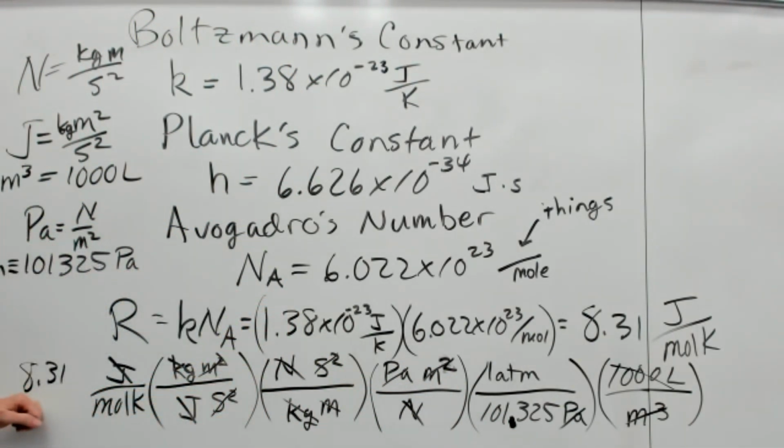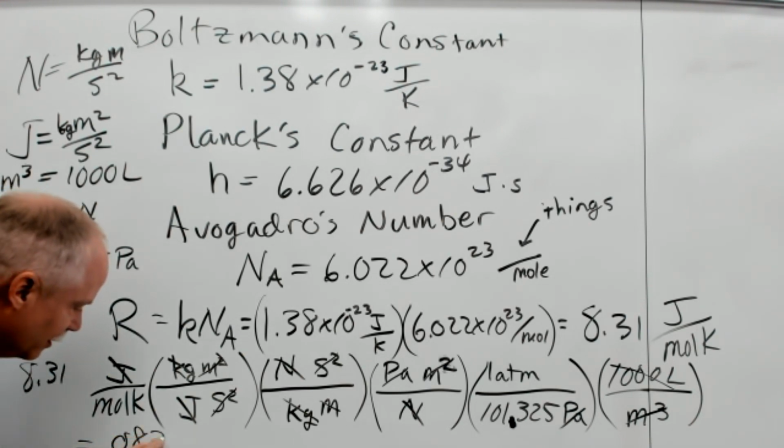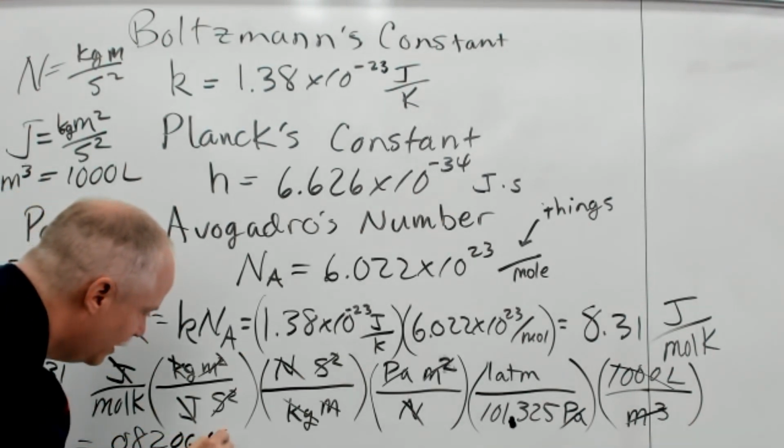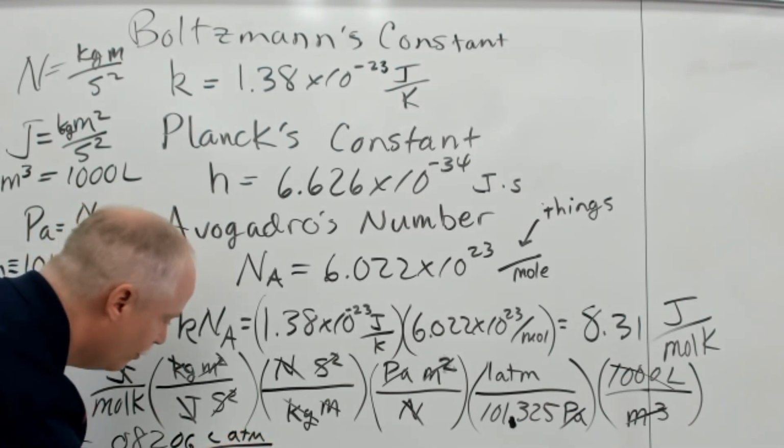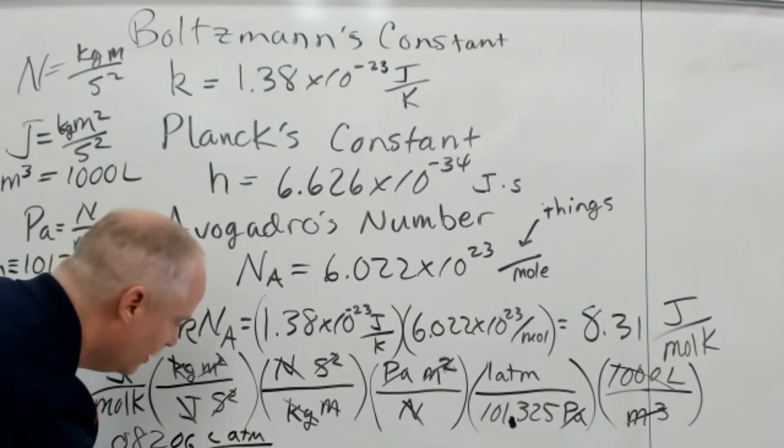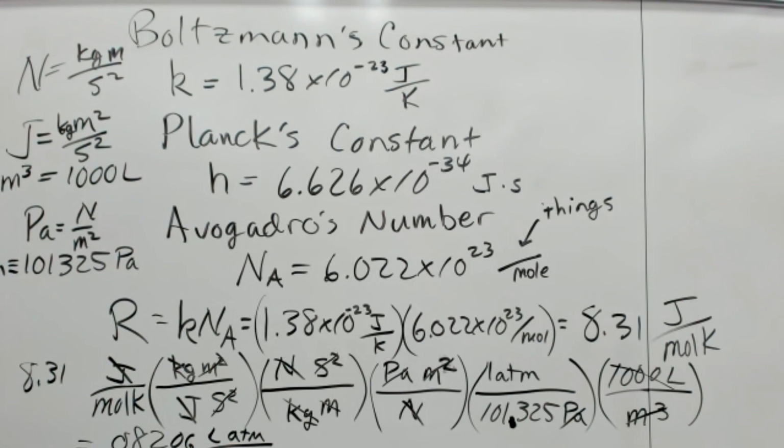So what is 8.31 divided by 100? Basically, it's 0.082. Yeah, 06. So that's equal to 0.08206 liters atmospheres per mole Kelvin. So they're the same constant, they're just different units.